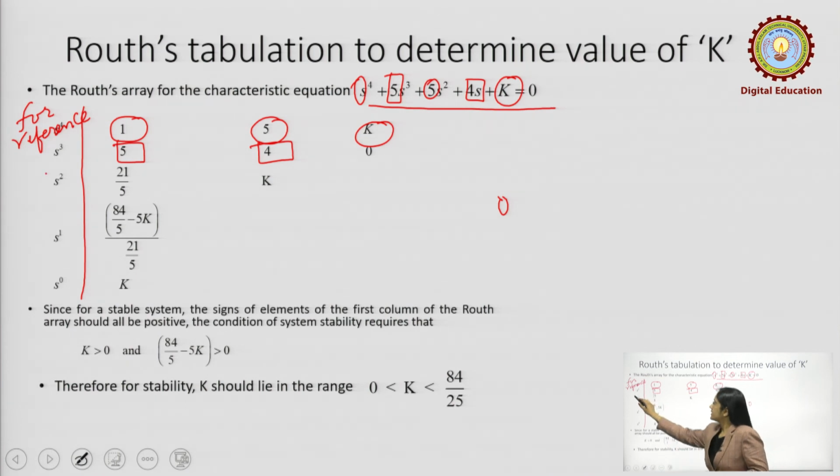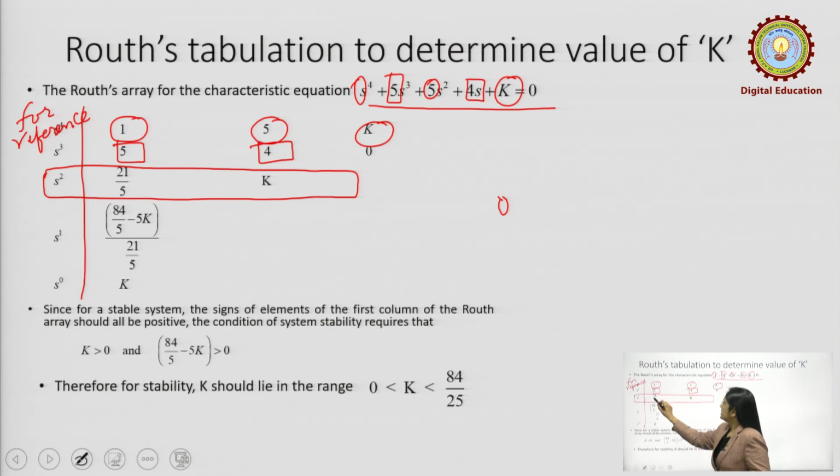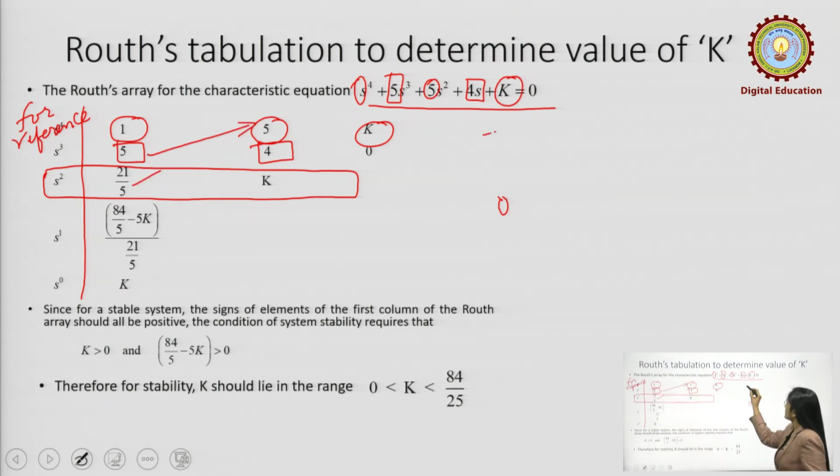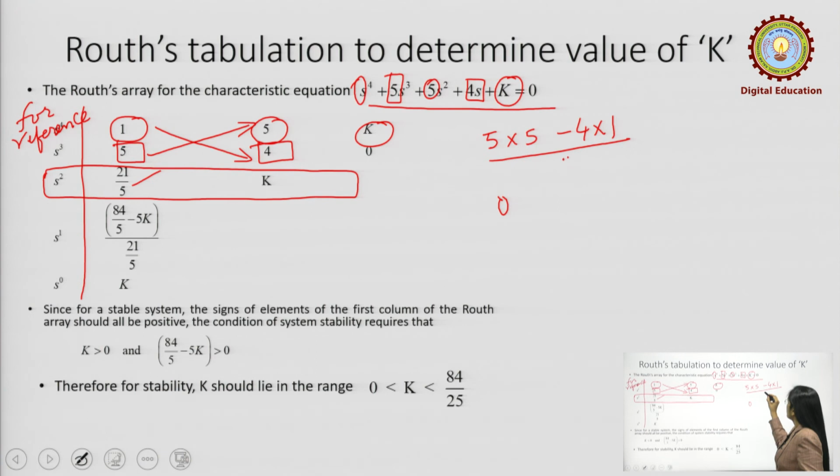Now, the next row is obtained by multiplying 5 into 5 minus 4 into 1, divided by 5. This is equal to 21 by 5.